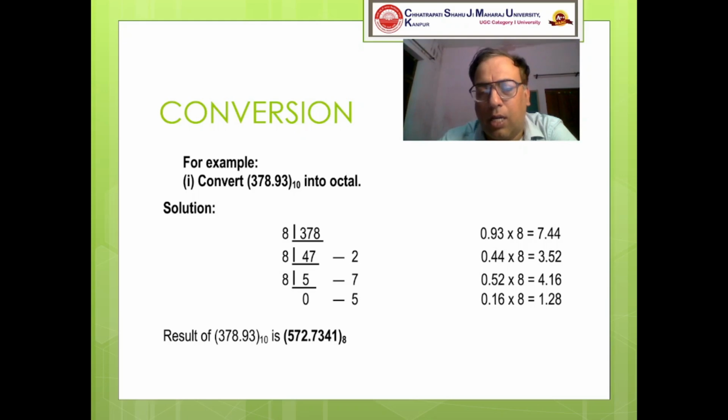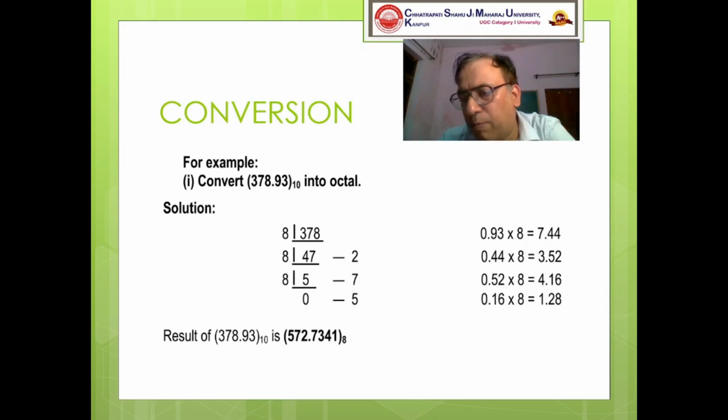Now for the fractional part, again the same method as we have done in the binary part. 0.93 into 8, that is 7.44. Again, as soon as we get the integer part, we take the fractional part in the next step and multiply it by 8. You get 3.52.